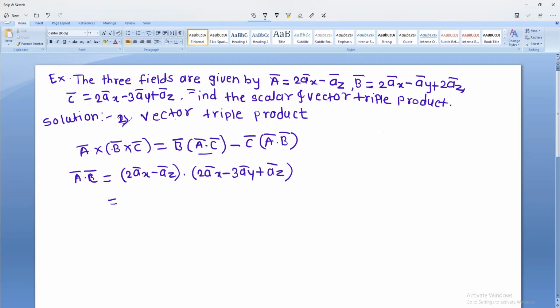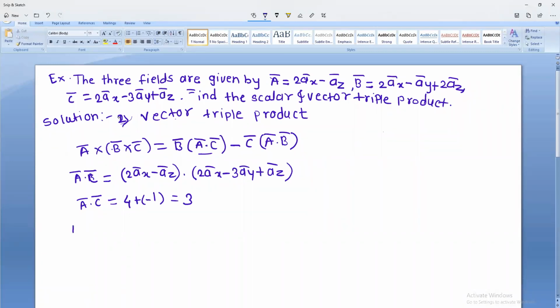Dot product is a scalar quantity. So 2 into 2 is 4. Now there is no y term, so it is equal to 0. And A bar Z has coefficient minus 1 into plus 1, that is 4 minus 1 is equal to 3. Okay, and this is A bar dot C bar.